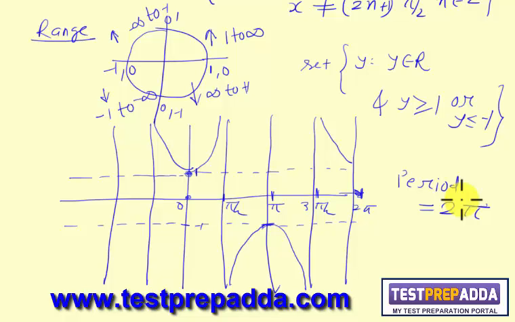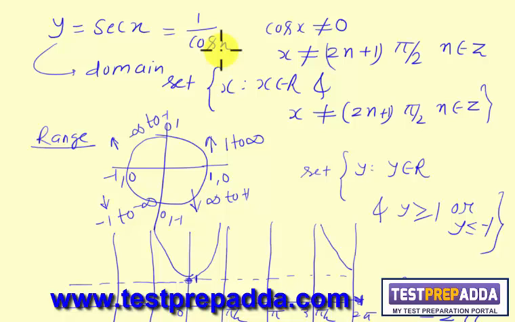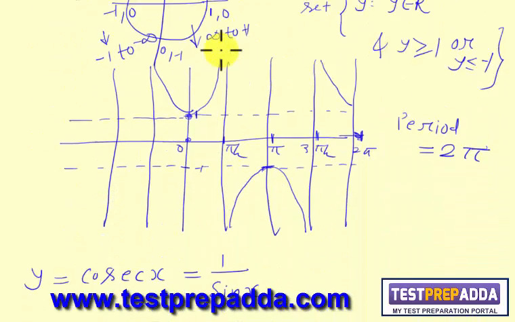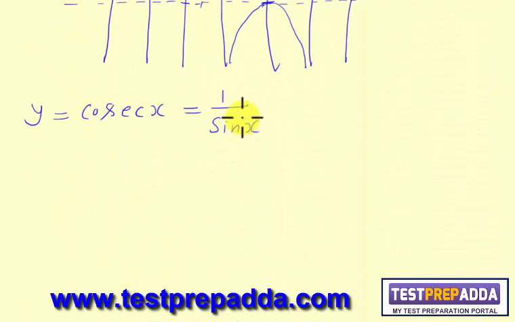Okay, now I'll talk about the graph, domain and range for cosec x, another function, which is equal to 1 upon sin x. As we did in the previous case, cos x was in the denominator. Here sin x is in the denominator. So sin x should not be equal to 0.